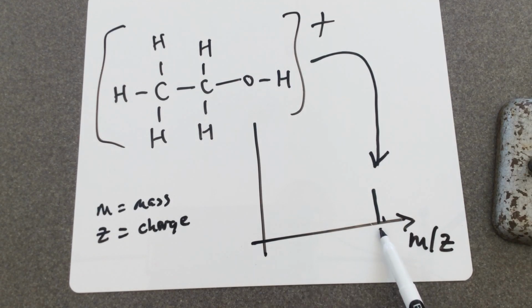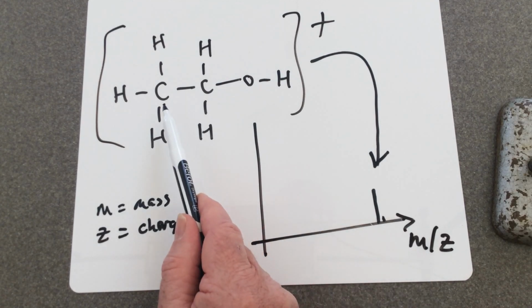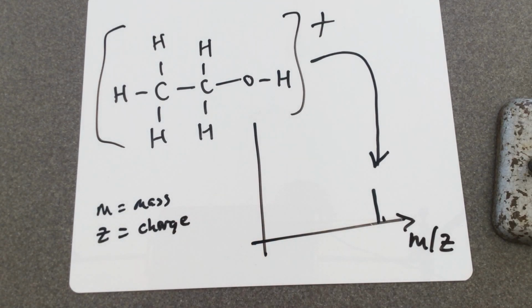So, here we've got the molecular ion peak, and it's possible to get an exceptionally small peak at one value just above the molecular ion peak, caused by isotopic variations in carbon atoms. It's not something we need to worry about too much.